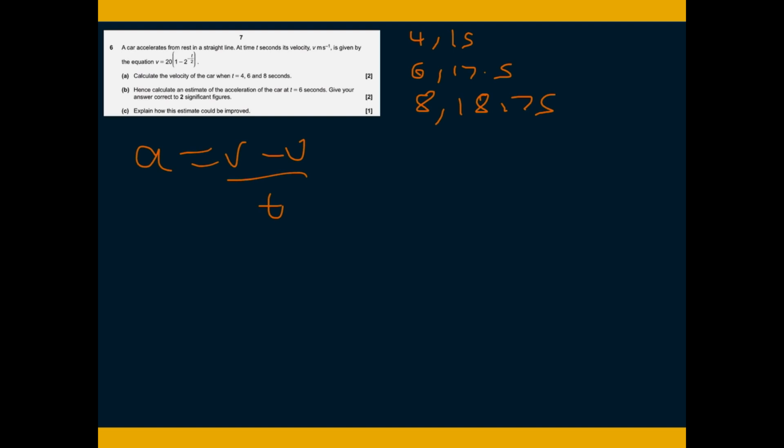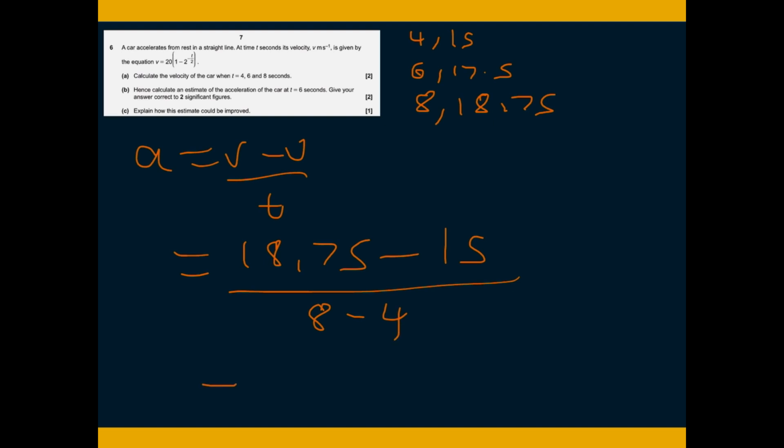So, if we use those two as the start velocity and end velocity, we'll get an estimate. So, a equals the final velocity, which is 18.75, subtract the initial velocity, which is 15, over 8 take 4, which gives us 0.94 m/s².